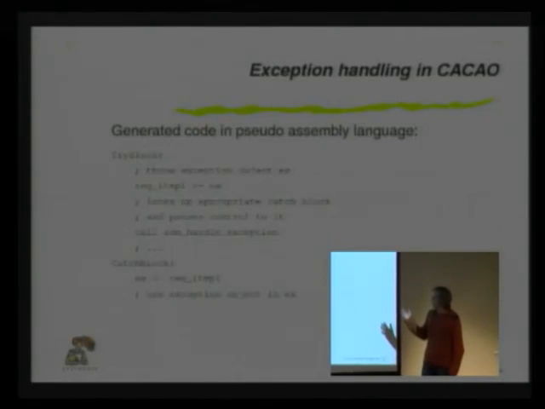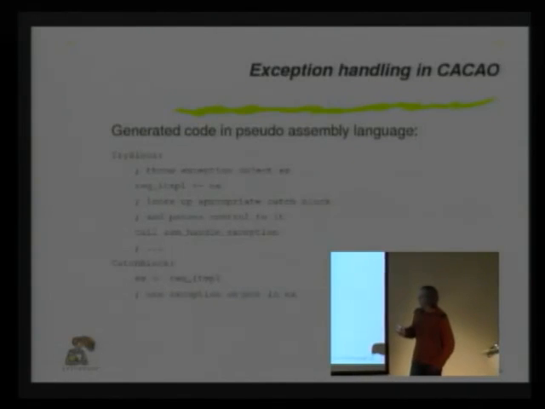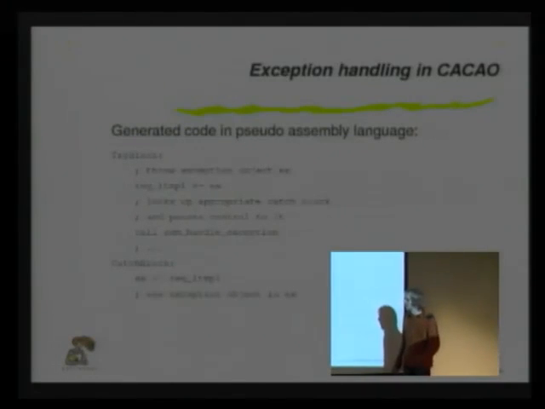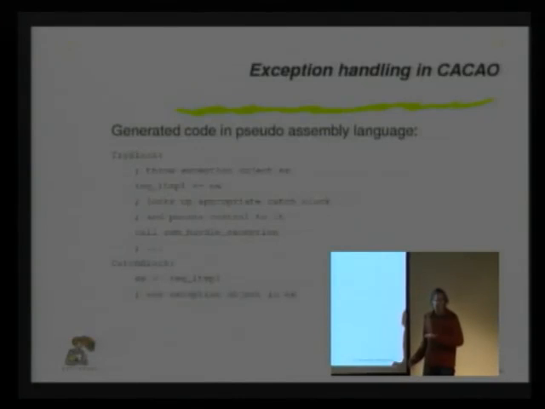This function then looks up a correct exception handler block depending on the dynamic type of the exception object, and passes control to this appropriate catch block. And the catch block expects this exception object to be located in scratch register 1, and it reinterprets the contents of this register as a Java reference type.